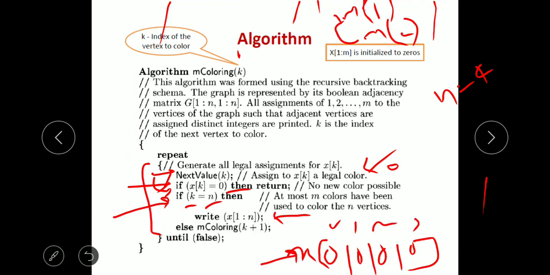So in that case you come to the else part, and now you make a call to mColoring of 2, that is, the second vertex in the graph. And this loop continues until all the vertices are colored. So now let us move on to the algorithm NextValue.